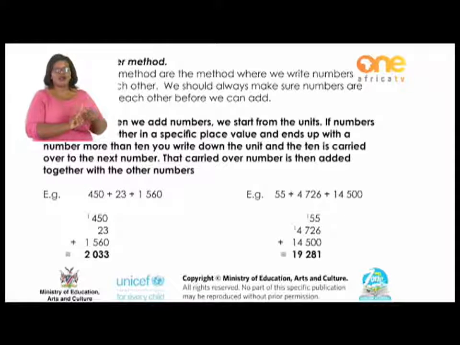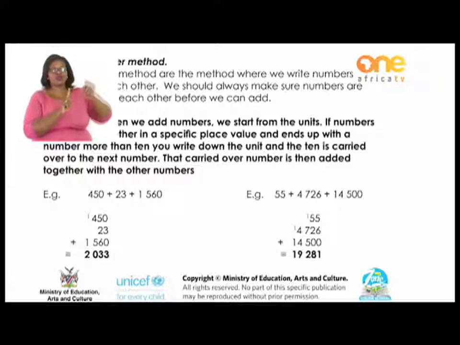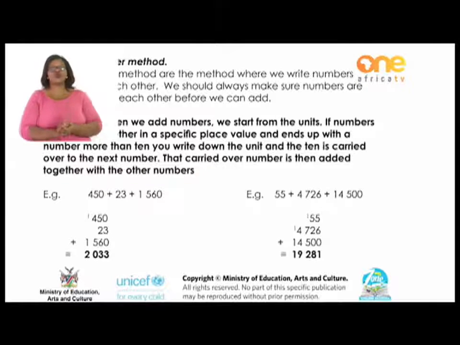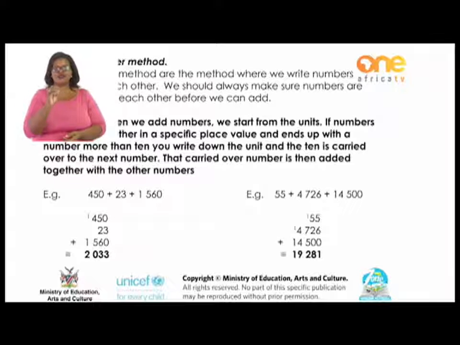Plus the 1 that was carried over, and that equals 10. Then we carry 1 over to the thousands. And that 1 plus the 1 that was carried over is equal to 2. So our answer is 2,033.